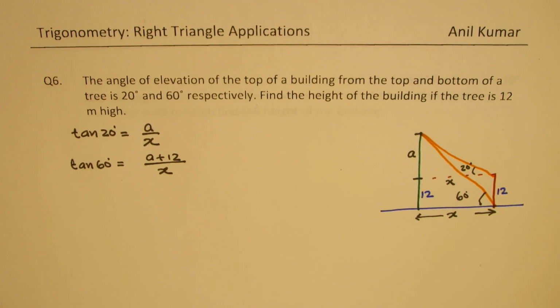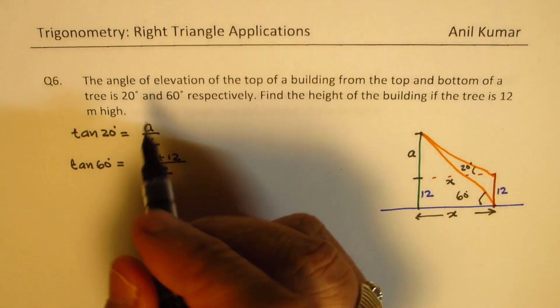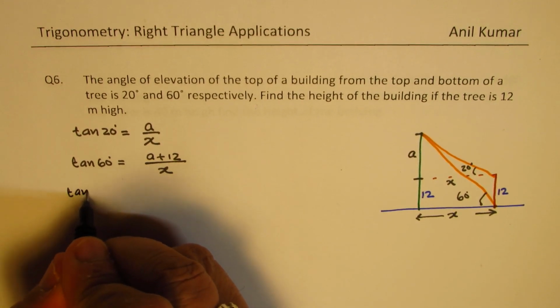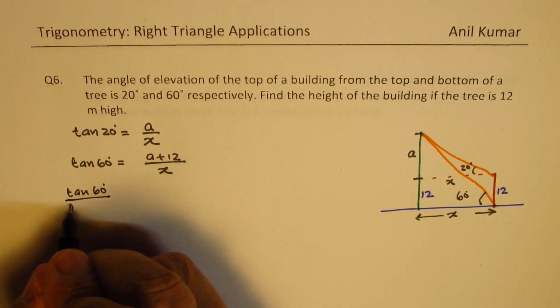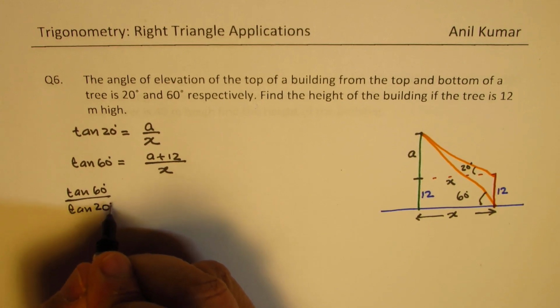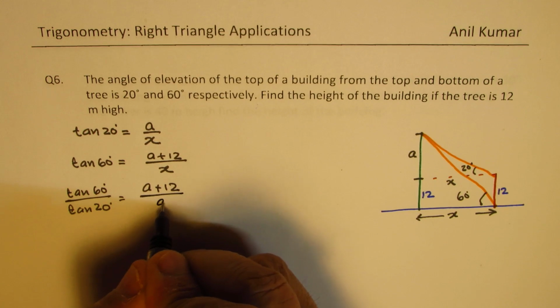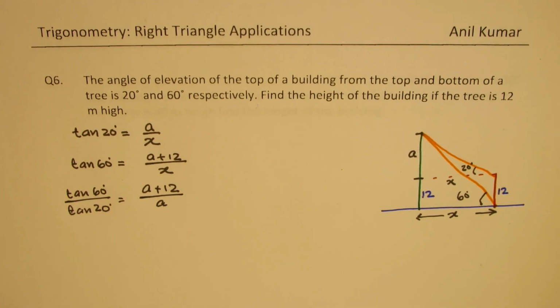Now, since we are interested in finding A, we can divide one equation by the other, right? So we can say tan of 60 degrees over tan of 20 degrees is equal to A plus 12 over A, right?